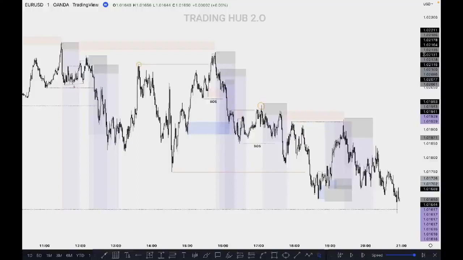In this case, M15 is the major structure, M5 is the minor structure, or you can say medium structure, and M1 is for the lower time frame entries. So basically these 3 time frames are enough for a day trader, and this will help you a lot to understand how we can stack multiple positions and how you can trade counter trend.